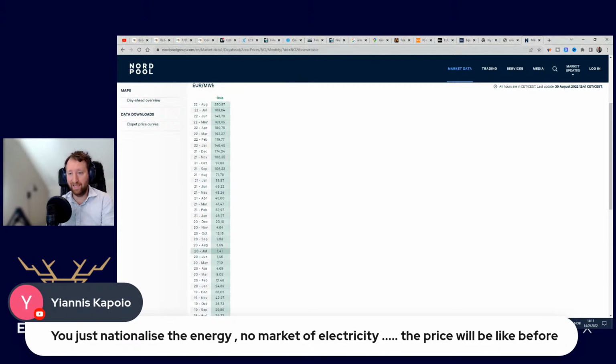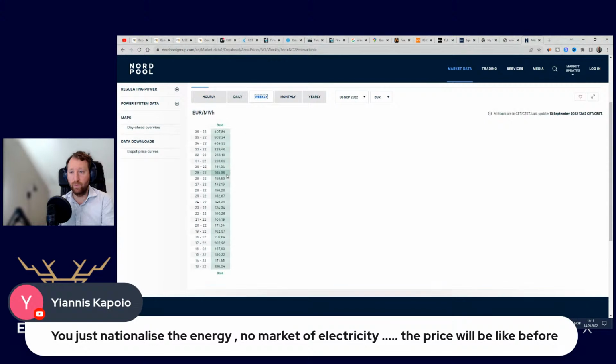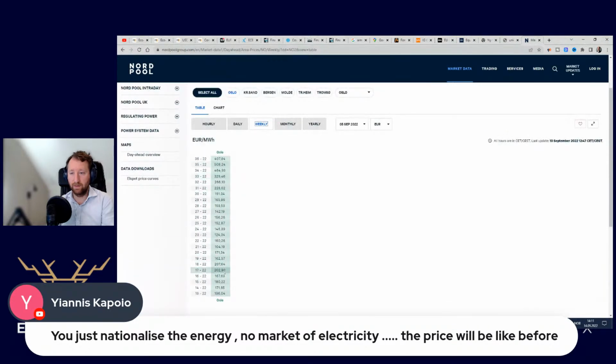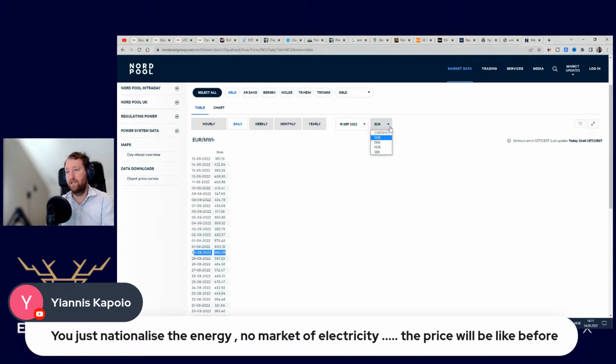So it was 1 cent and went up to 20 cents. It's skyrocketed, I would say. That's on a monthly basis. If you go to weekly, it's even crazier. It has been up at 600 somewhere. Maybe just volatility within the day, but it was 660 on the 30th of August. That is plus taxes and VAT.